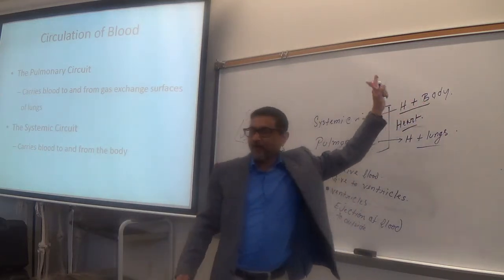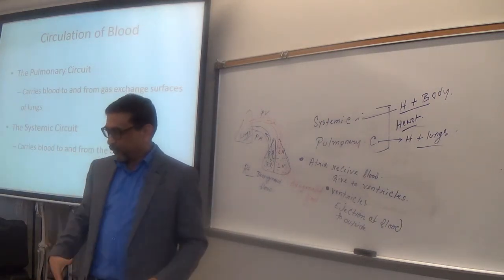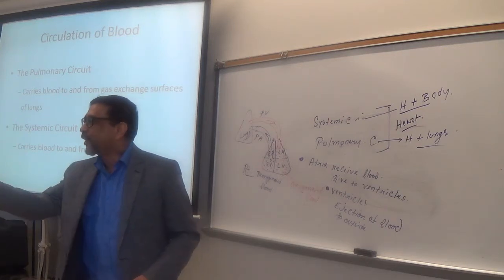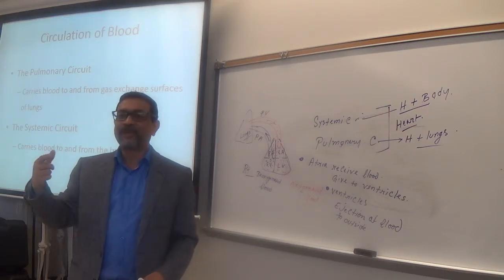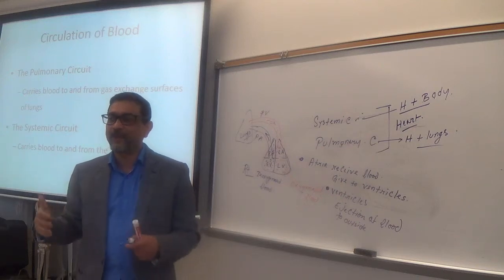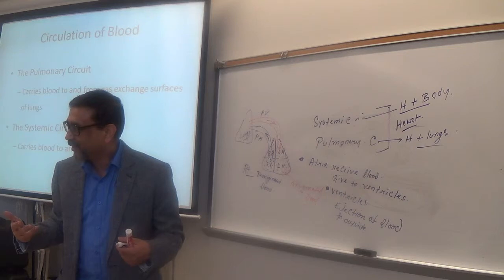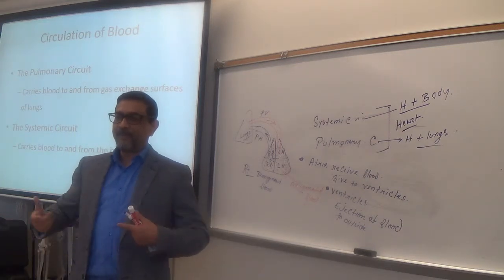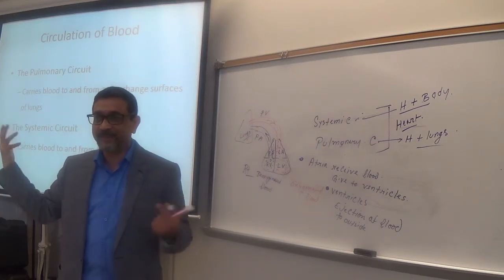Make sense? Now, blood gives oxygen to the tissue and gets carbon dioxide from the tissue. So blood will become what? After giving oxygen and getting carbon dioxide, blood will gradually become deoxygenated. Make sense? Now you tell me, does deoxygenated blood from the body come back to the right side or left side? Right side, deoxygenated.